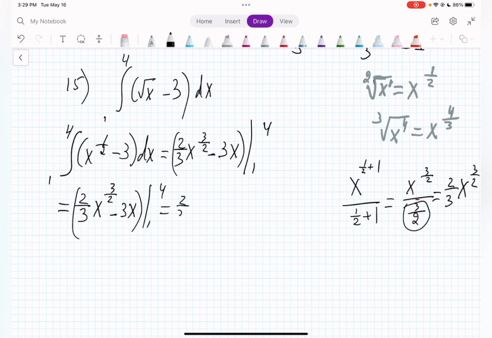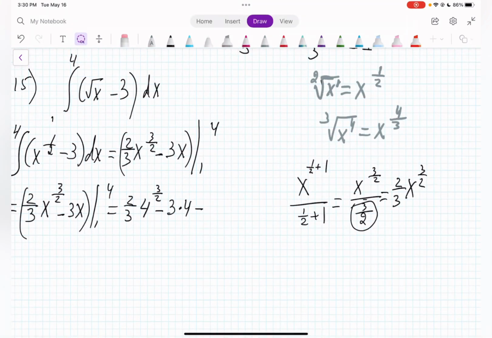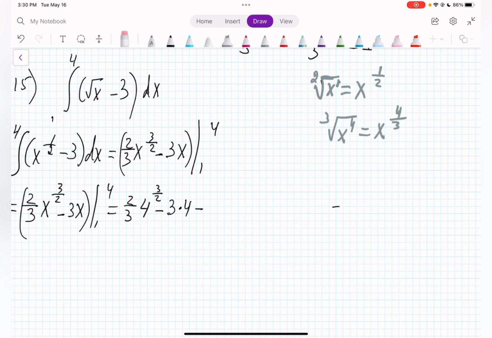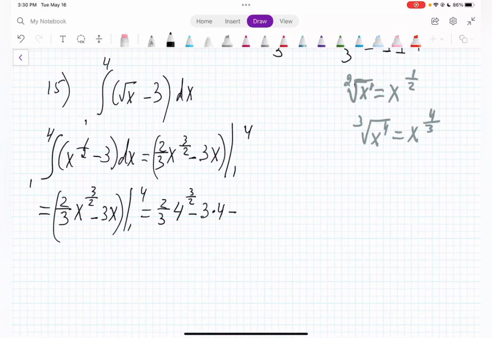Let's get going. 2/3 times 4 to power 3 over 2, minus 3 times 4, and then minus, we don't need this anymore, in parentheses, 2 over 3, and we get now plugging in 1: 1 to power 3 over 2, and minus 3 times 1. All right, let's get going.